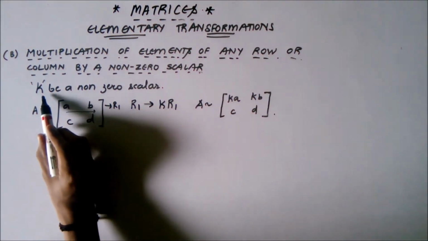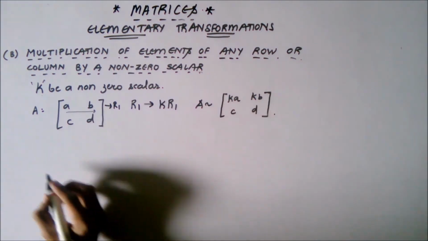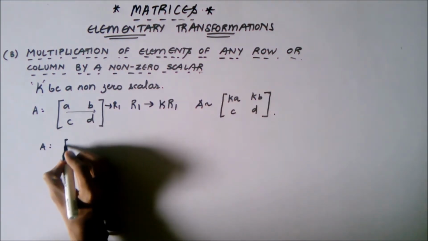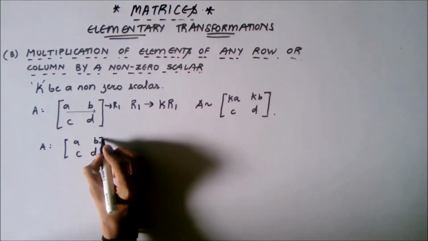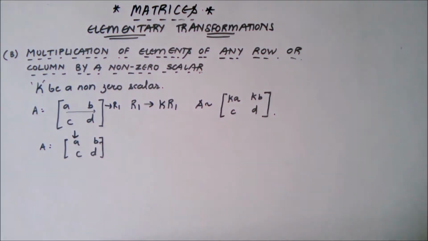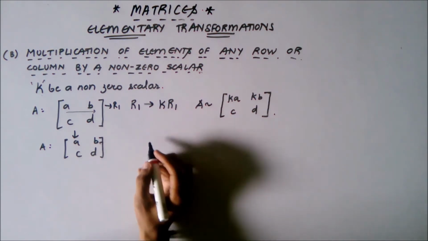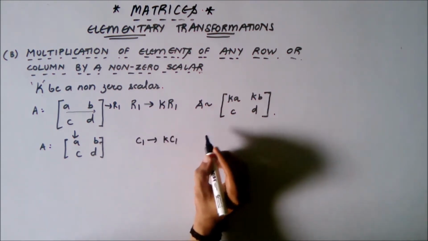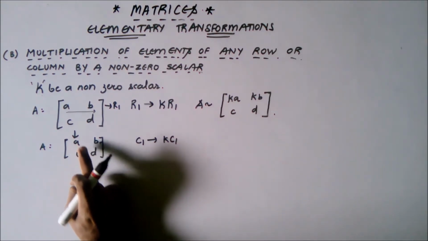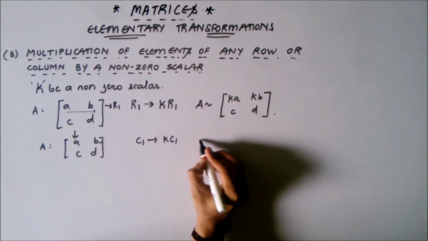Now, if we need to multiply this k across a column, suppose, let's say we multiply this k across column C1. So C1 gets transformed to kC1, and every element of the column 1 will be multiplied by the k.